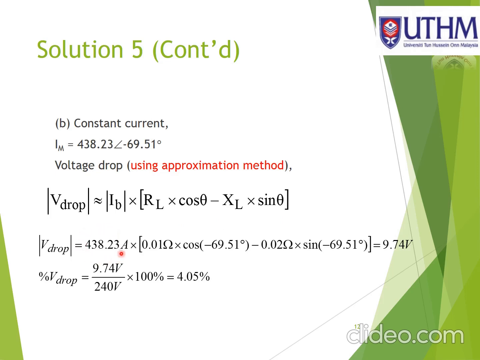This one is Im, this one is R system given in the example, and this one is theta. Then we subtract X, this 0.02 given in the example, times sin theta, and we get the value of voltage drop. Lastly we calculate the percentage of voltage drop, which is equal to 4.05.